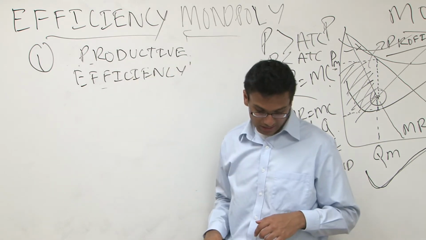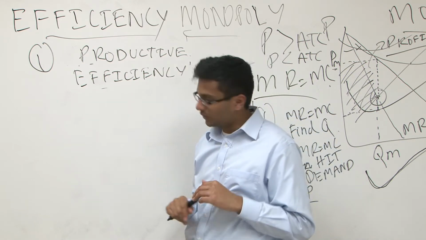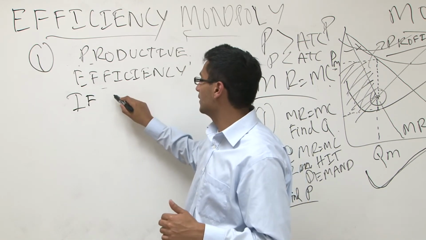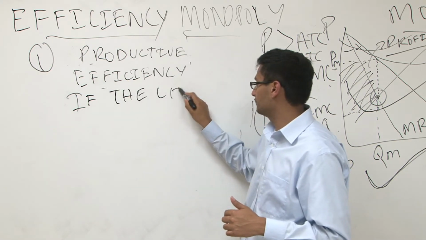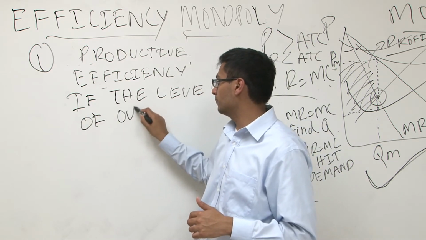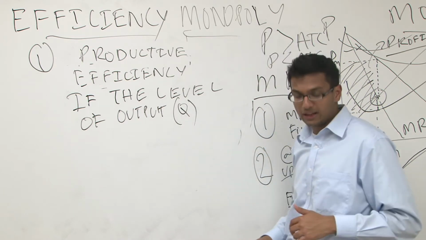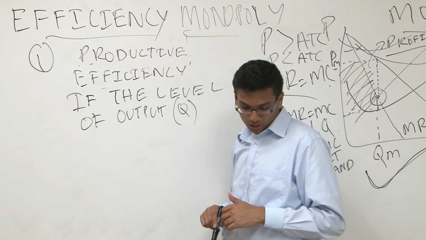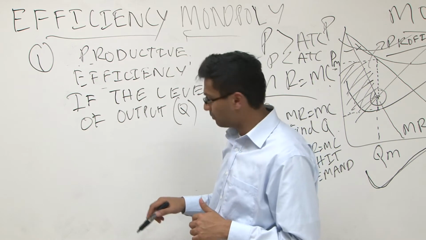Productive efficiency basically occurs if the level of output, and we normally measure that in quantity, so Q, is achieved with the lowest possible cost.